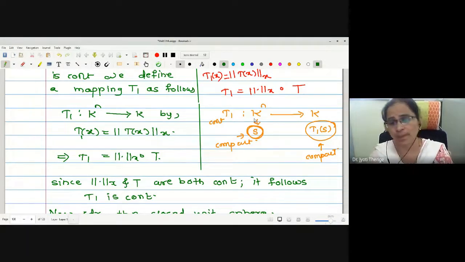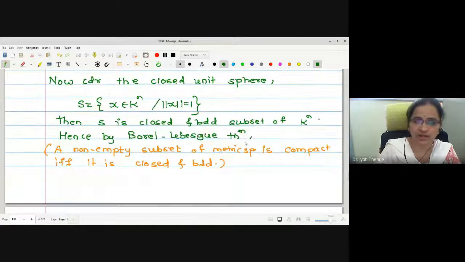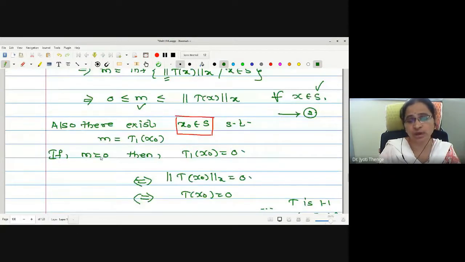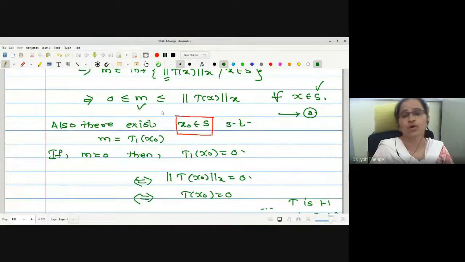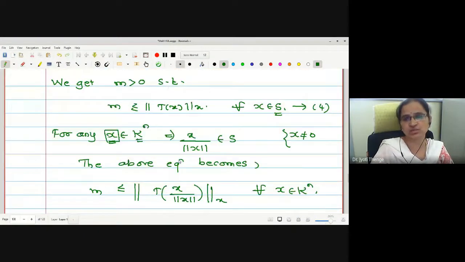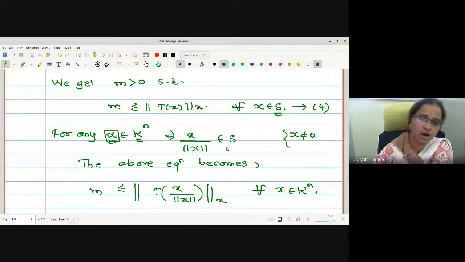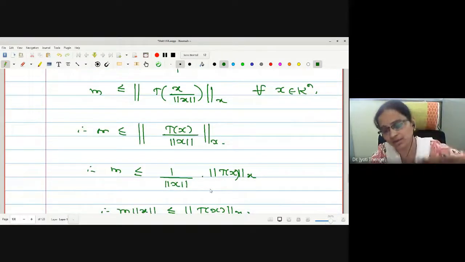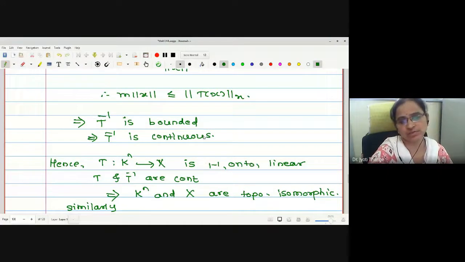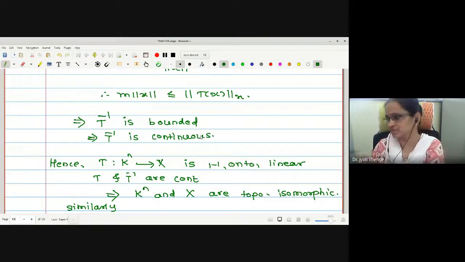If the image is compact, it is bounded. If it is bounded, the infimum exists. We checked the infimum M and proved it is non-zero, meaning greater than 0. Then we used that inequality, which holds for all x in S, and converted it for all x in Kn. Once converted, T inverse will be bounded and continuous. Nice proof with nice construction.